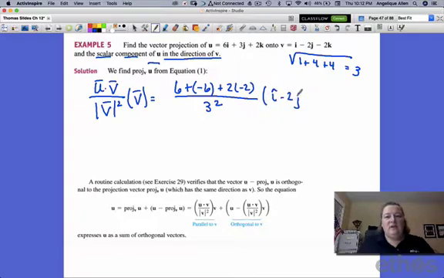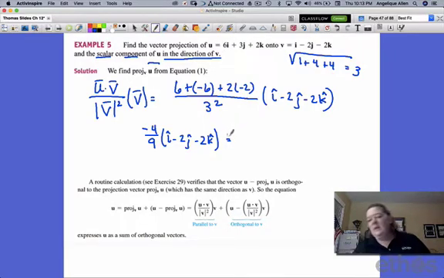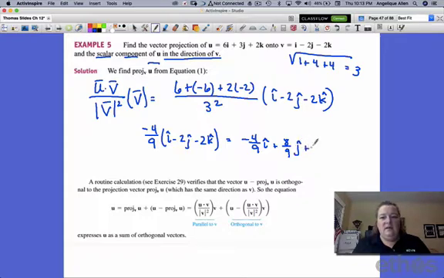They wrote it in IJK form, so I'm going to write it in IJK form in my work. So let's clean this up. 6 minus 6 is 0, so we've got negative 4/9 times i minus 2j minus 2k. So our vector, and we want to distribute this through, is negative 4/9 i plus 8/9 j plus 8/9 k.